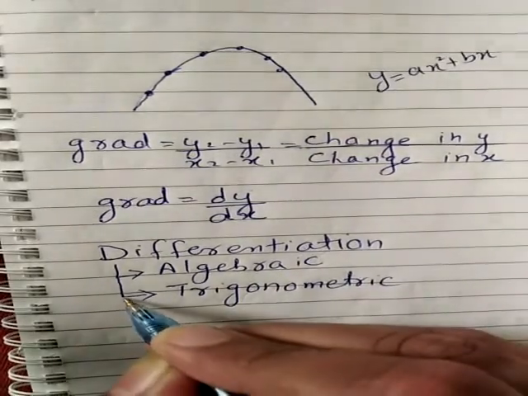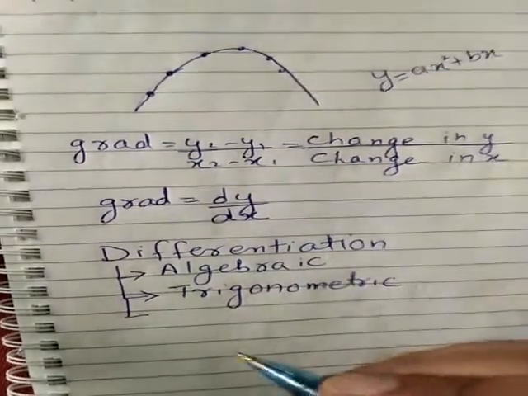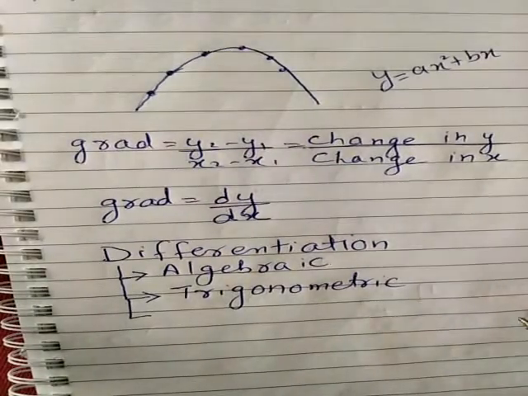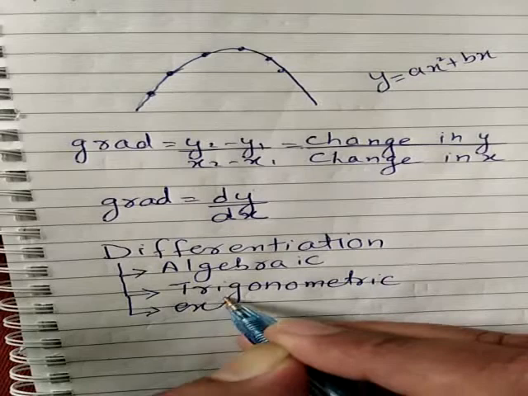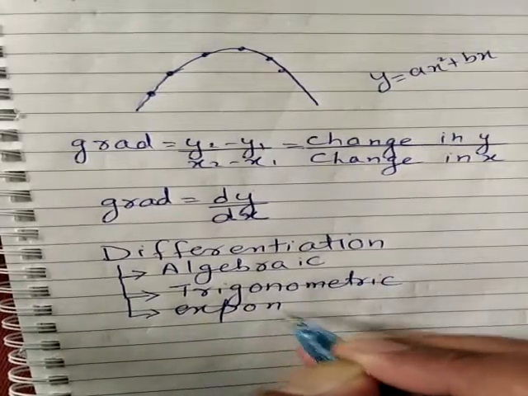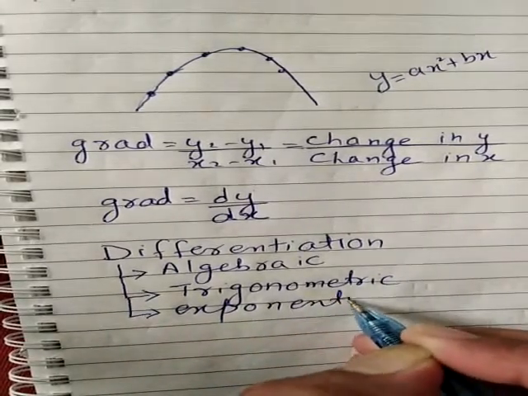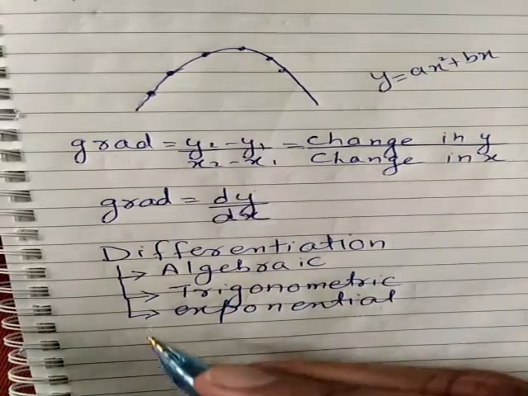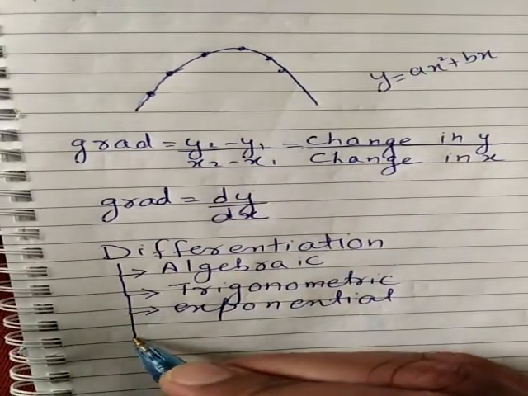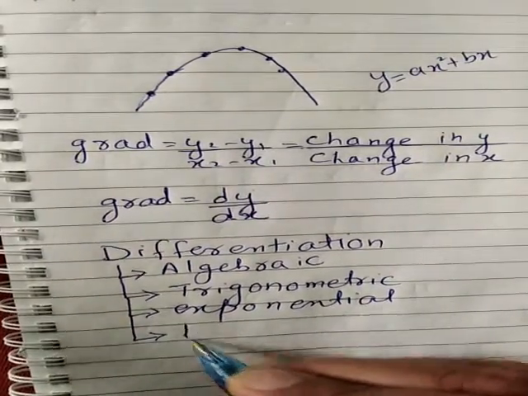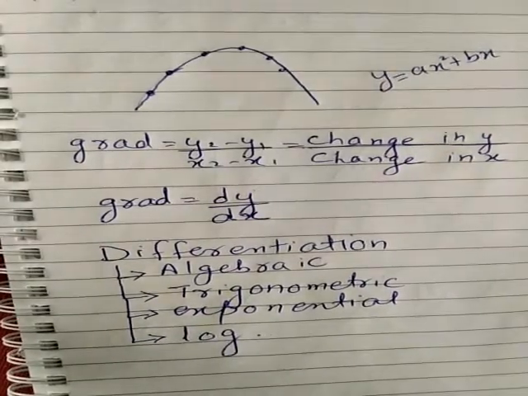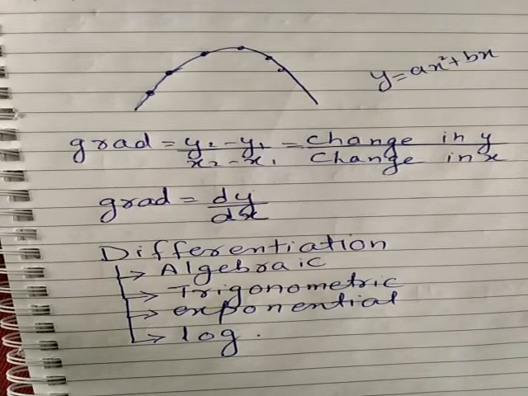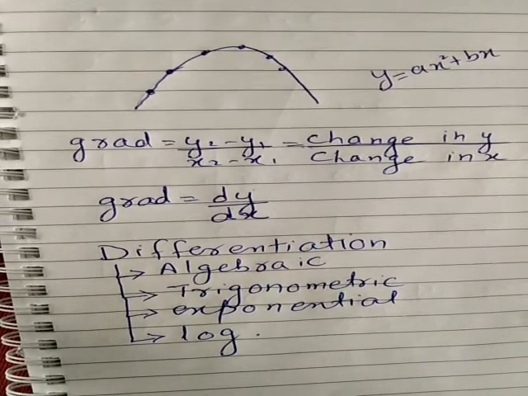Number three will be exponential. And number four will be log differentiation, right? So these are the four types of differentiation which we are going to do.